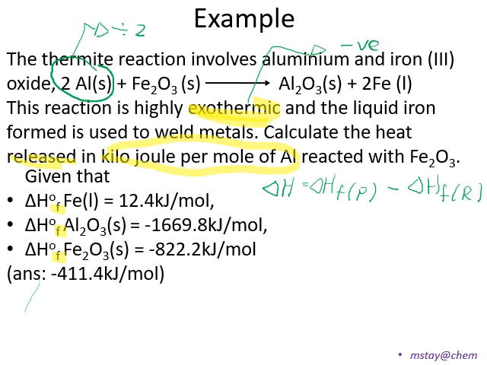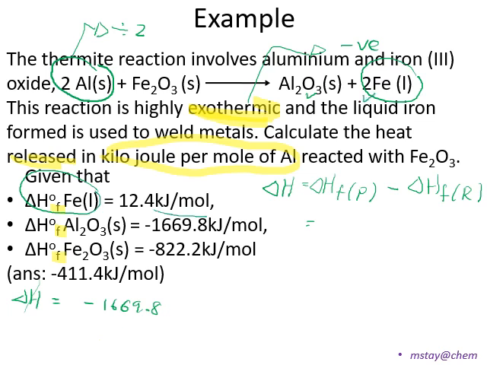So what are the products in this question? The first one is aluminium oxide. We check the formation of aluminium oxide given is negative 1669.8, and then we have 2 mole of liquid iron. Based on here, we can also check the liquid iron, but this one is kilojoule per mole.